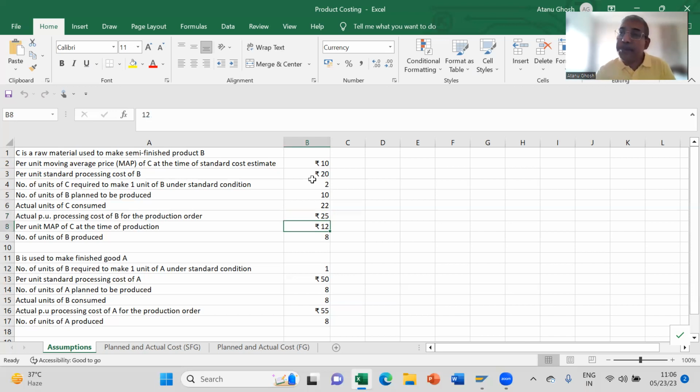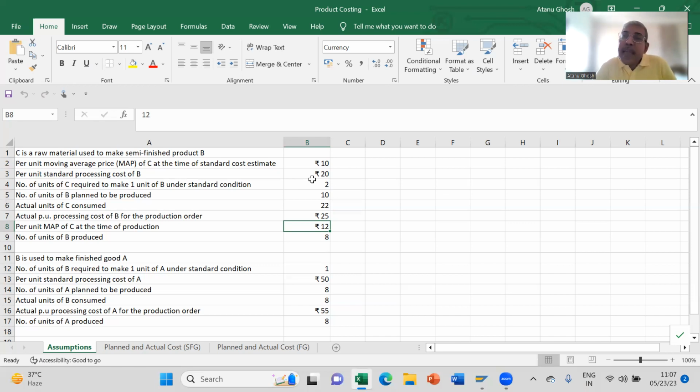Now comes C. Remember, we say C is a raw material, which is valued at moving average price. By definition, moving average price will be changing, because every time I purchase, I may be purchasing at a different price.